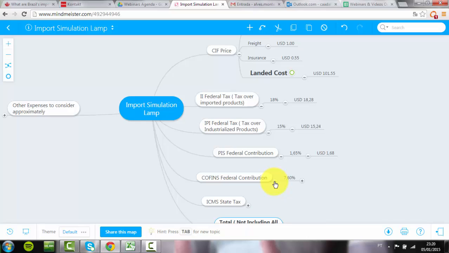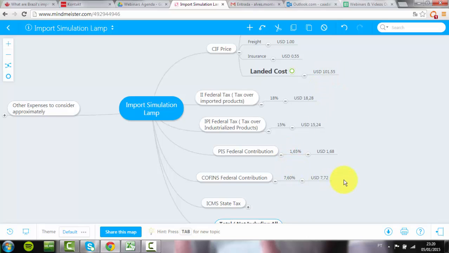Then you have another federal contribution that you have to include, COFINS, 7.6% on top, again, of this total amount of $101.55, and the value is $7.72 to pay.